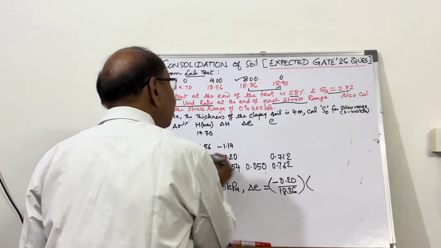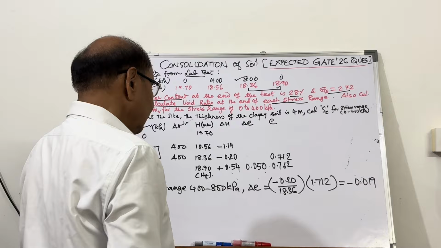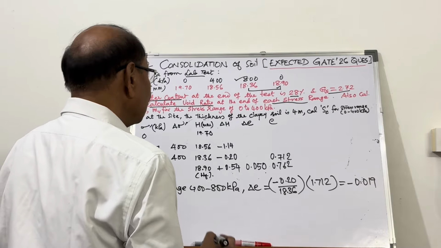So delta E you can easily calculate for the pressure range of 400 to 800, and that comes out to be minus 0.019. So friend, delta E is known to us.